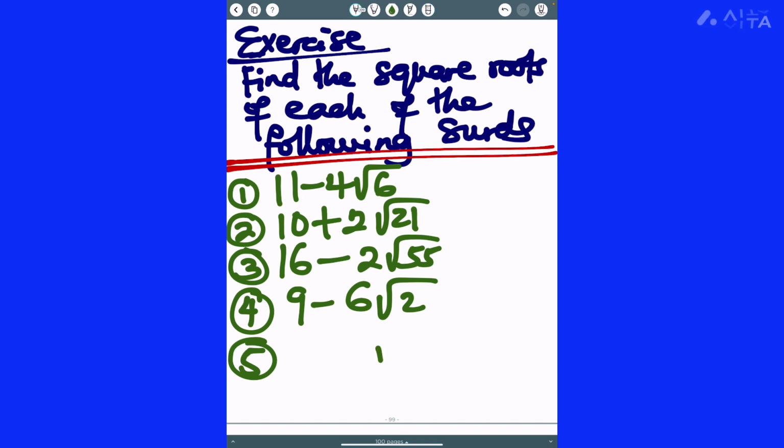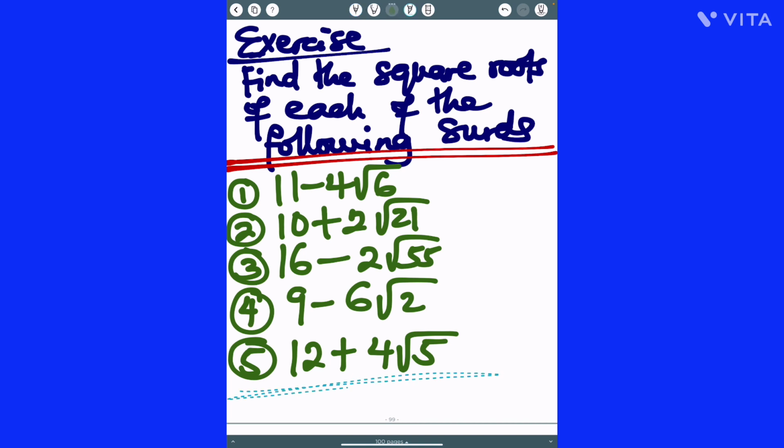That's 12 plus 2 times root 4 times root 5. 2 times 2, 4. So that's 12 plus 4 root 5. So find the square root of 12 plus 4 root 5. You know your answers already because we formed the questions together. So do this as your exercise for this topic.